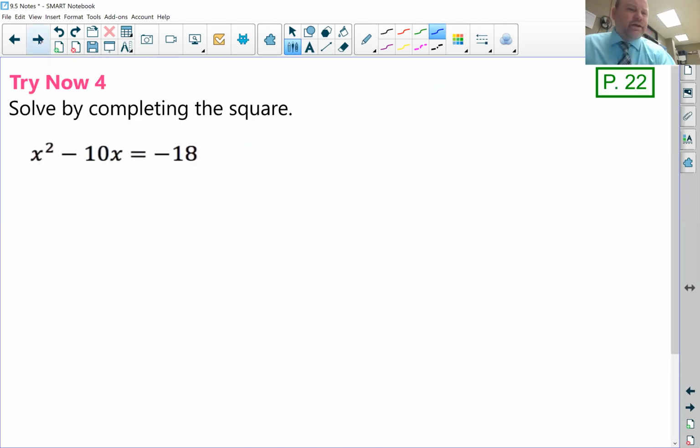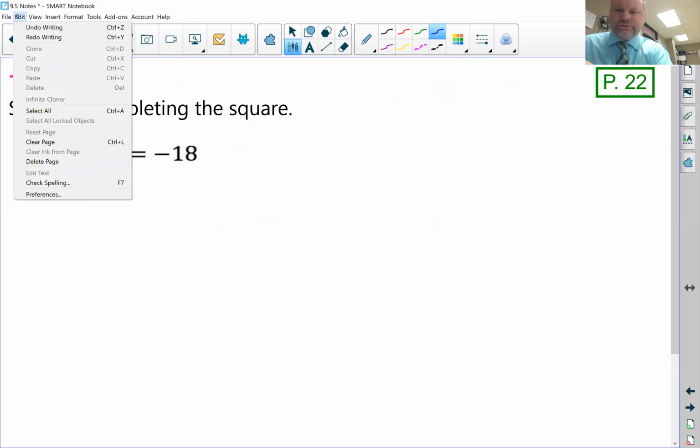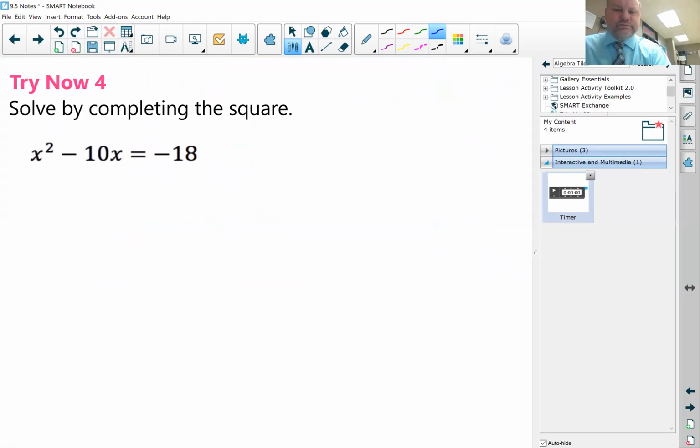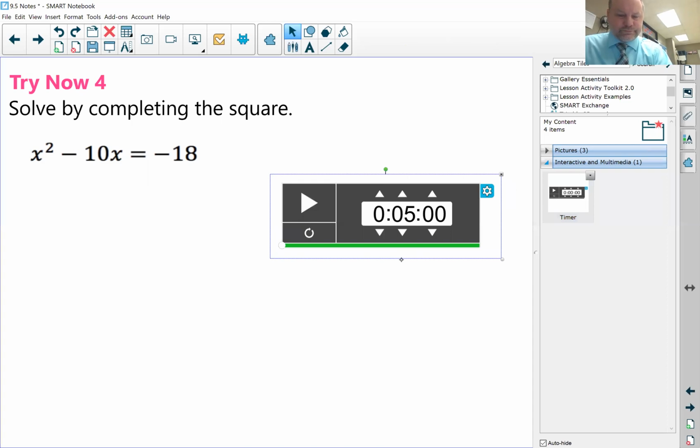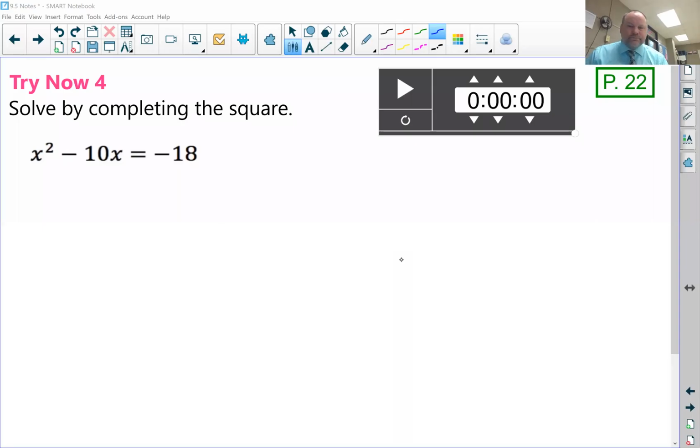All right, one for you to try. All right, so this one is already in that the x's are all on the left-hand side and it's equal to a number, so we can look to figure out our value for C. And that's going to be negative 10 divided by 2 squared.